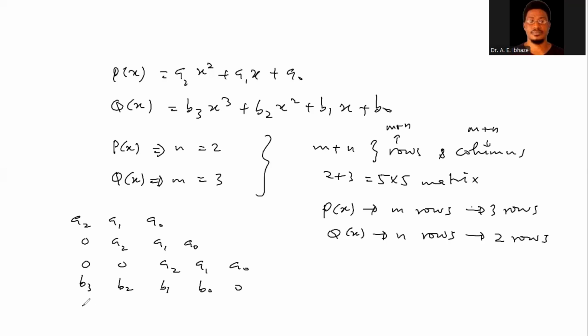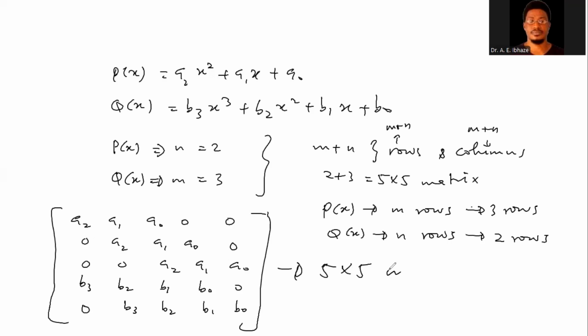Then we have 0, B3, B2, B1, B0. We'll complete this. You see that the Sylvester matrix is 1, 2, 3, 4, 5 by 1, 2, 3, 4, 5, which gives us a 5 by 5 matrix.